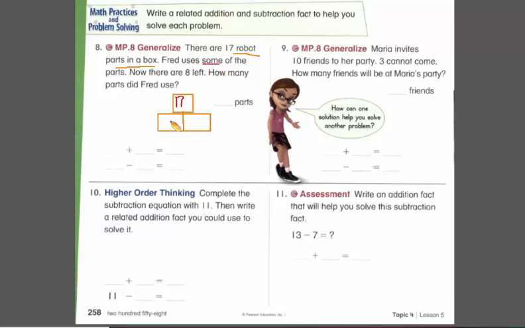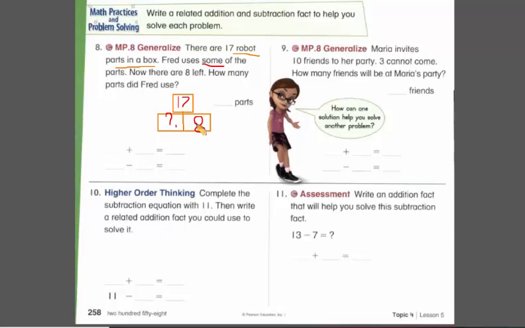We don't know how many. So again, here we have in all 17. Fred used some, we don't know. Now there are 8 left. So we know the other part, it's 8.